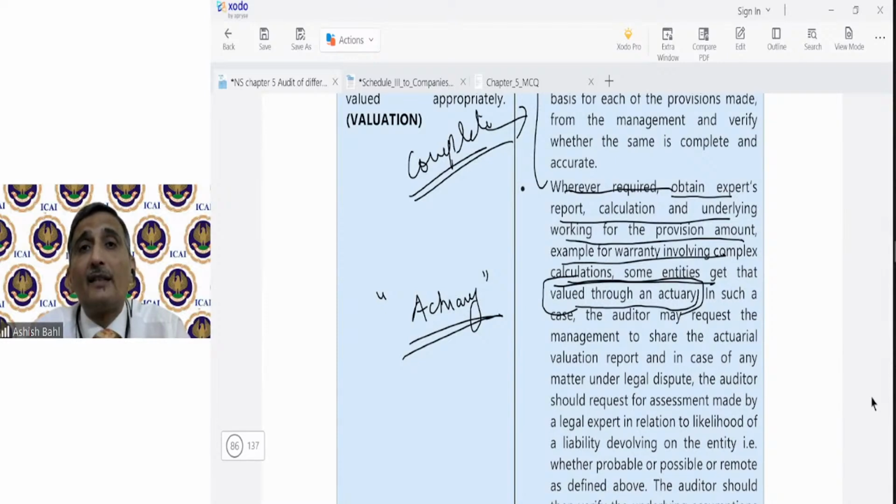Or say if some disaster has happened, then what is the likely number of claims which are to come. So this they calculate by using mathematical and statistical models, and by performing complex calculations. Okay. They are not CA. CA is different from actuary.